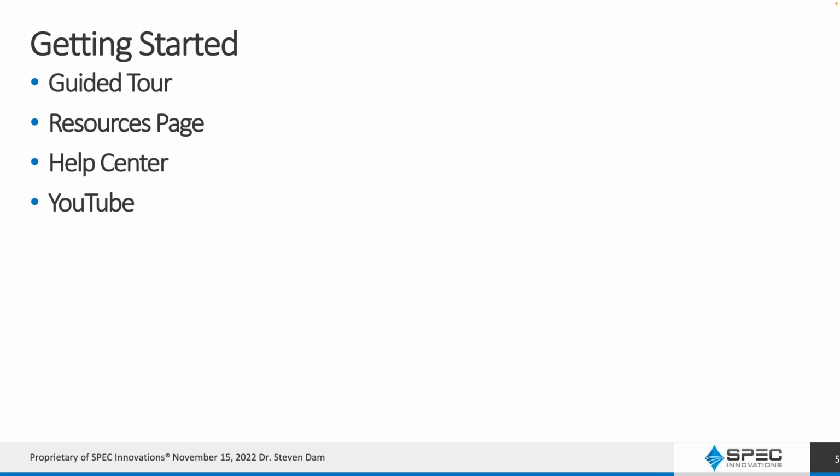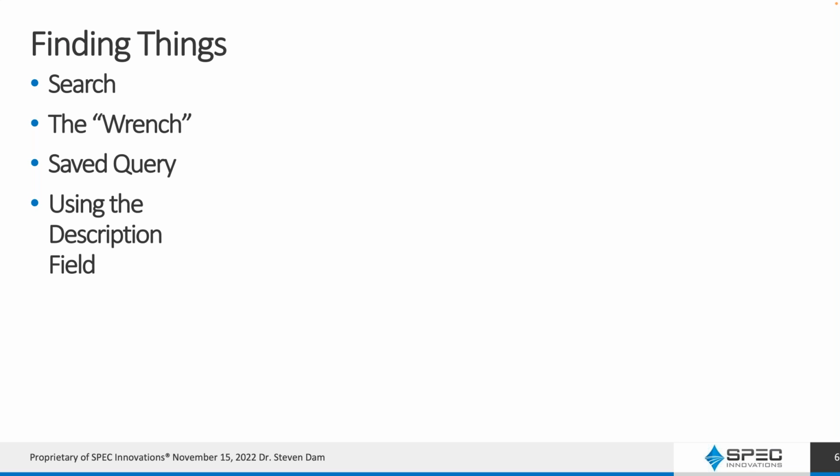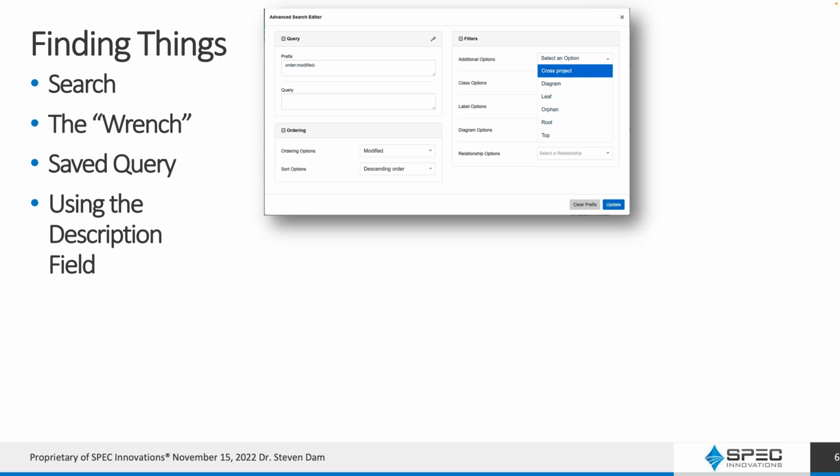That was getting started. Now, finding things. So we want to do searching. We have a search interface that I'll go through and show you and discuss in more depth in a minute. The wrench, up in the top right corner, there's a little wrench. It's a little tool. It's where your settings are. That's where you change the way you see views and diagrams.